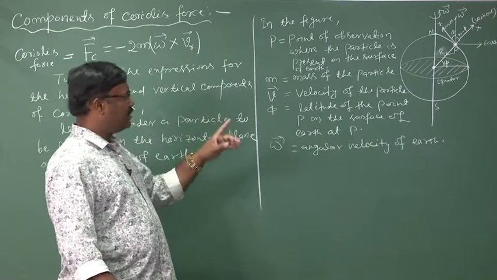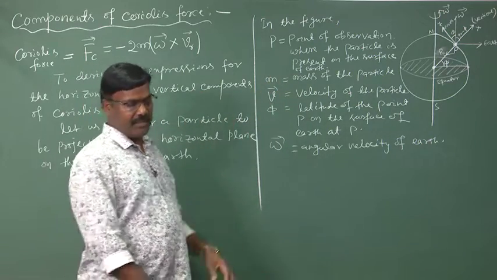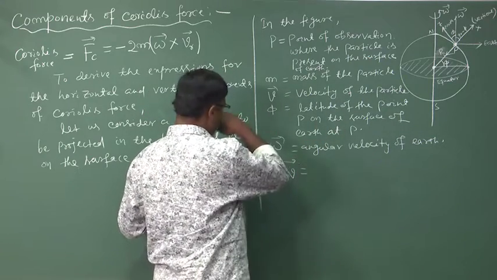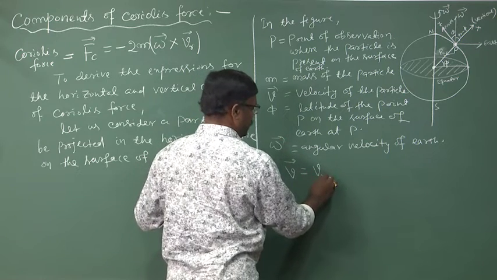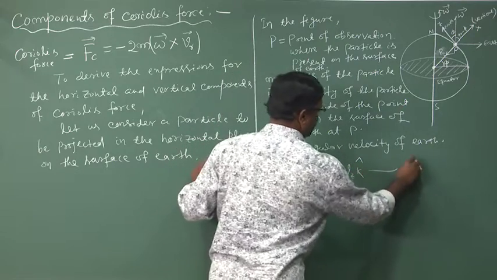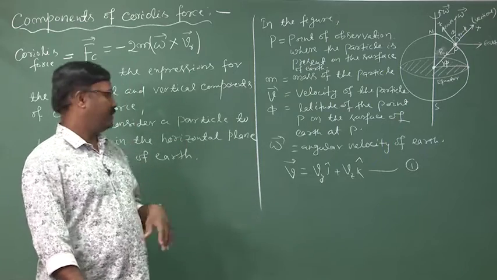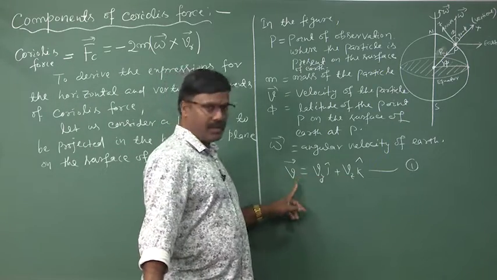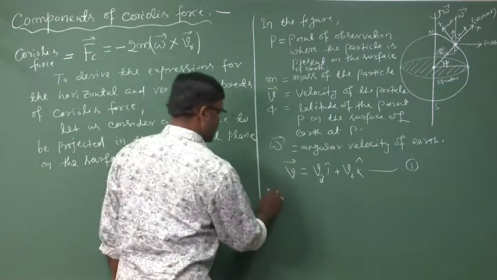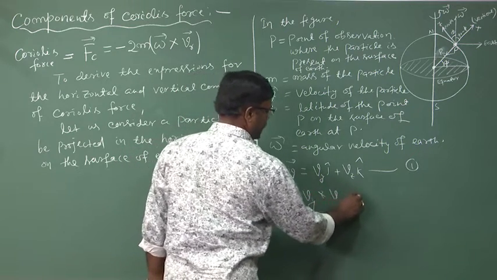So, the velocity of the body on the surface of earth can be expressed as V vector is equal to Vy j cap plus Vz k cap, where Vy and Vz are the rectangular components of V along the y direction and the z direction.